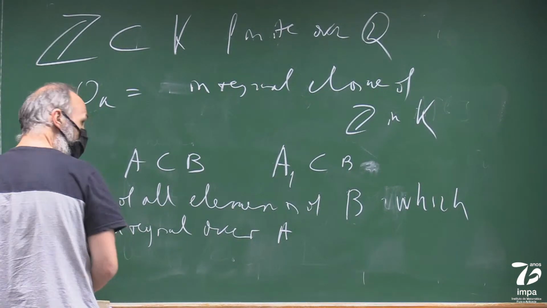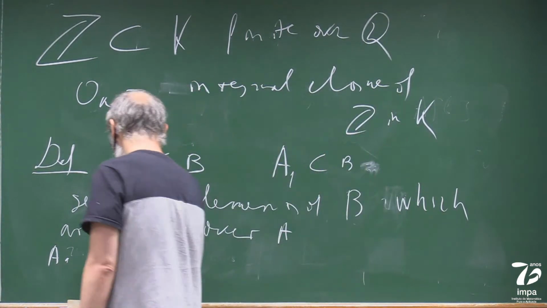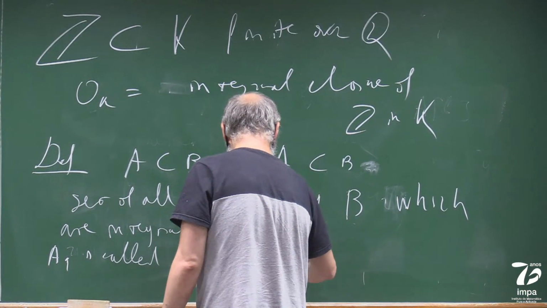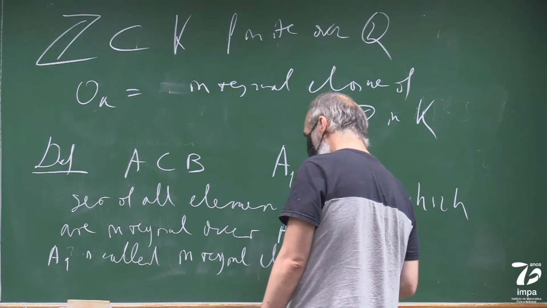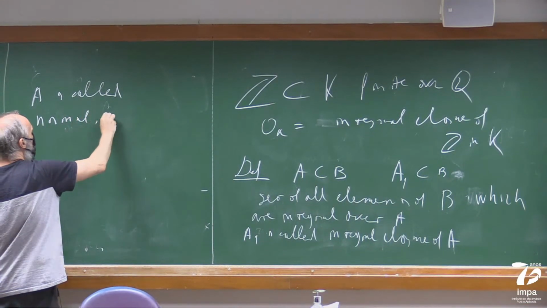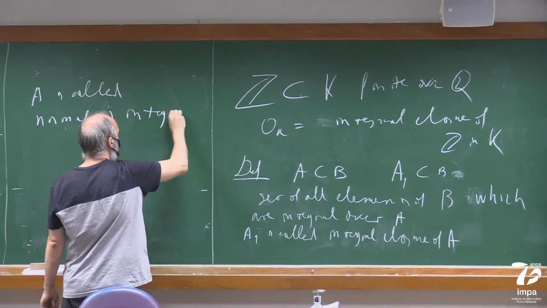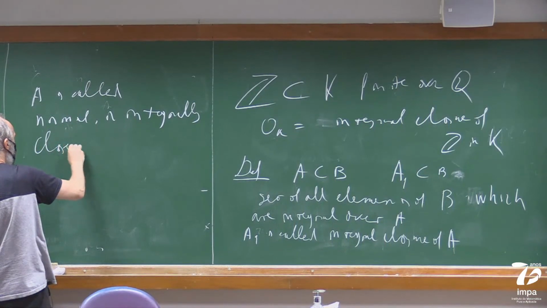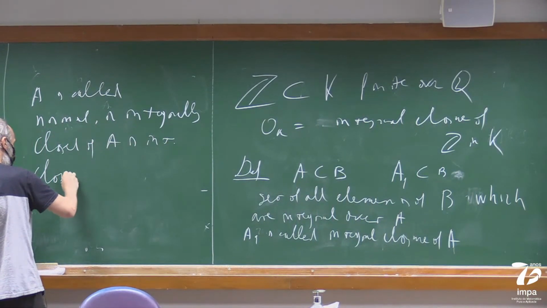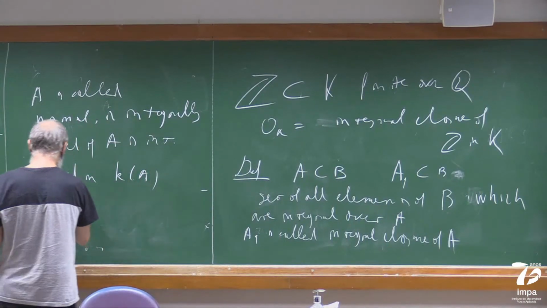Then A1 is called the integral closure of A. And A is called normal or integrally closed if A is integrally closed in K of A, its fraction field.